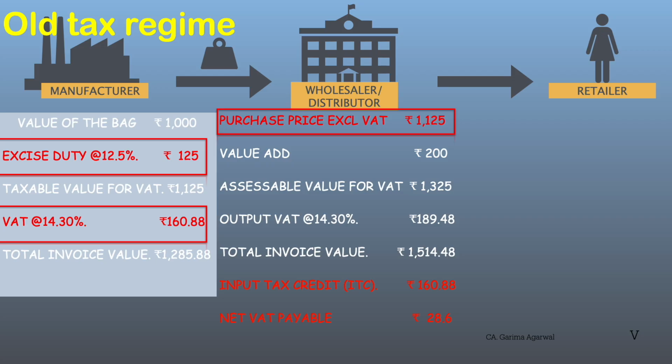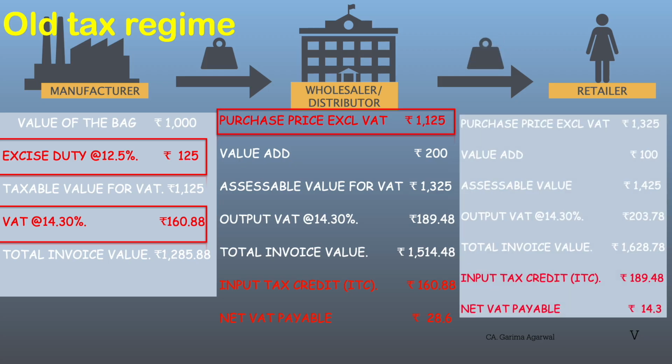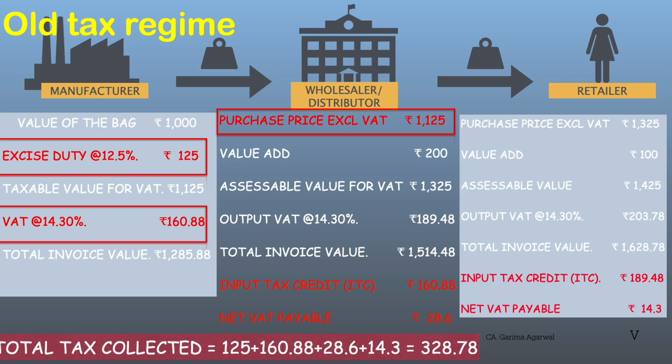He can't get full credit for the excise duty paid. So he adds his margin, and when he sells to the retailer, he charges VAT again on this new total. By the time the bag reaches you, you are paying tax on top of tax on top of tax. This made Indian goods expensive and compliance a nightmare.